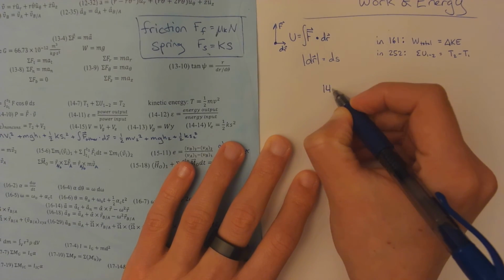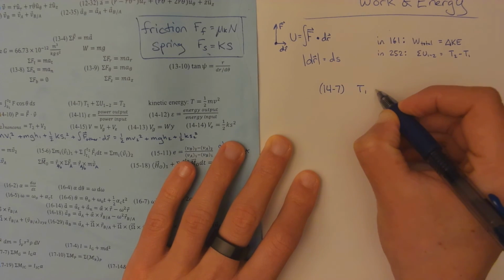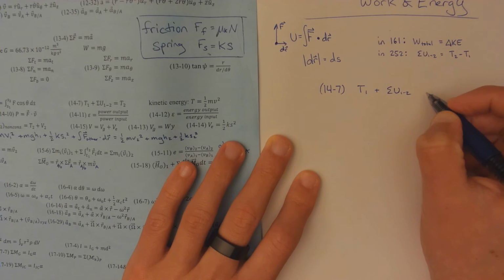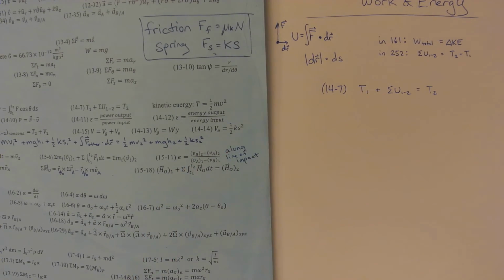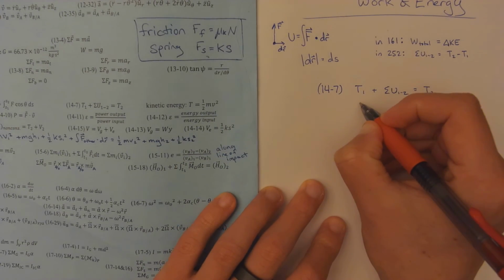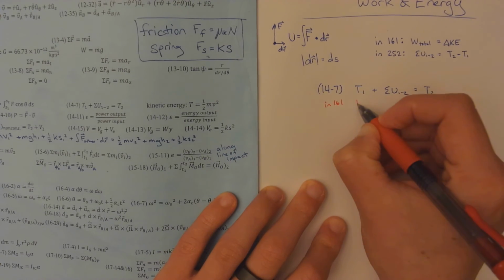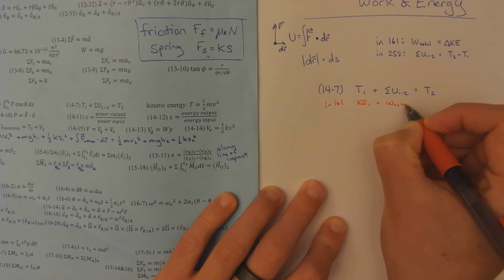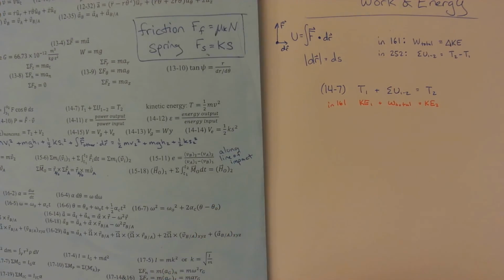So for 14.7, putting the T1 back on the left-hand side, we have T1 plus the work done by all of the forces is equal to T2. Okay, or in Physics 161, that would be KE1 plus work total is equal to KE2.